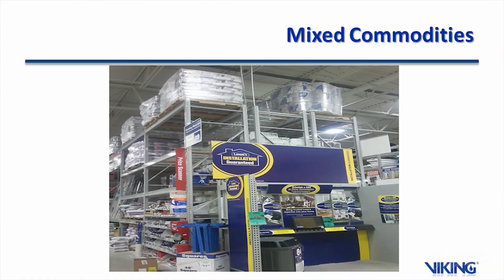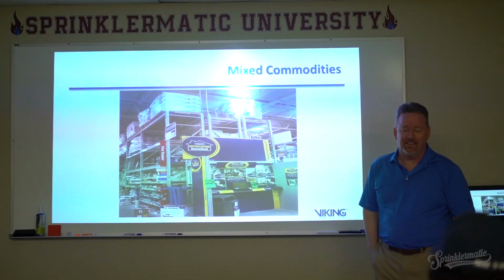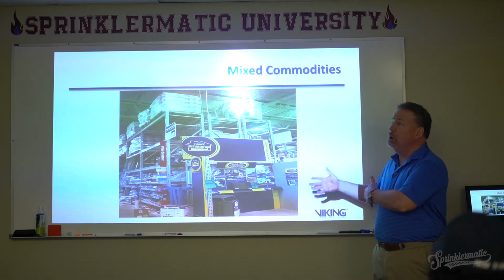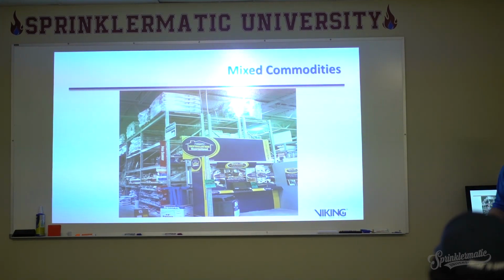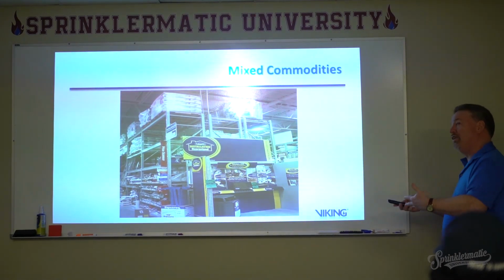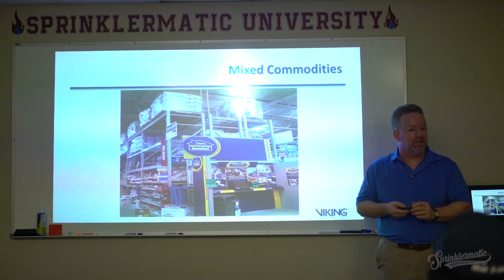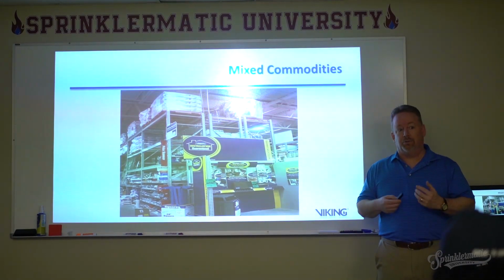Do we ever have just a monolithic warehouse of just all the same stuff? Rarely. Rarely would you find anything like that. So what do we do when it comes to mixed commodities? How do we look at this warehouse full of these different types of commodities and protect it?